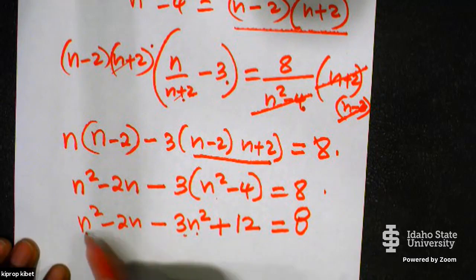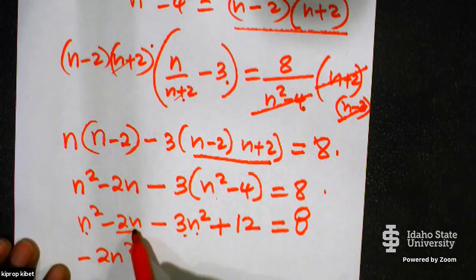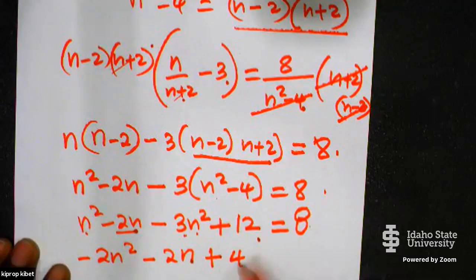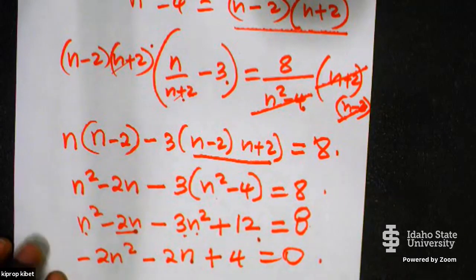So this and this will be minus 2n squared. Is there any other n? Minus 2n. And then you bring the 8 here. So minus 8 plus 12 is plus 4, equals 0. Okay?